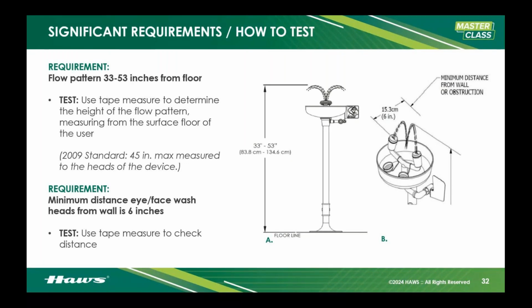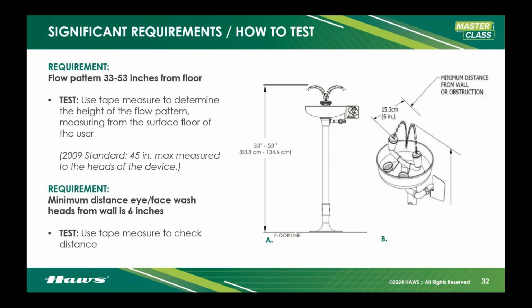I run into emergency equipment all the time because we do surveys on site, and you get every brand out there, whether it's a standard brand or you ordered it on Wish, that sprays well above 53 inches, and it'd be very difficult for somebody to use. I think maybe once or twice I've run into an eye wash that was installed so weirdly that the spray pattern was under 33 inches from the floor. That is so short, but it can happen.